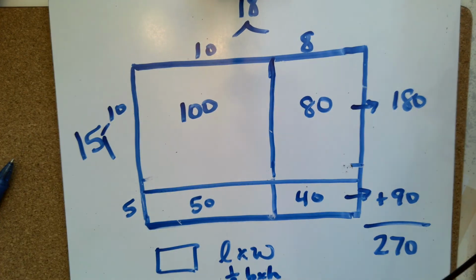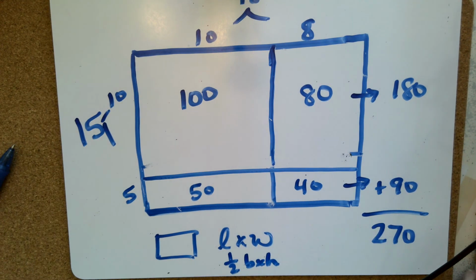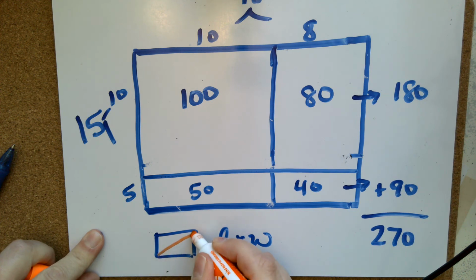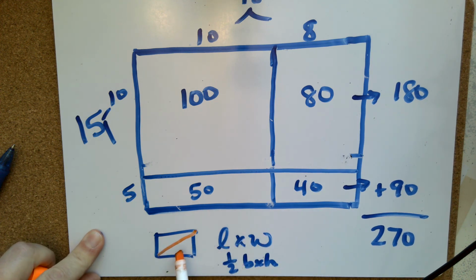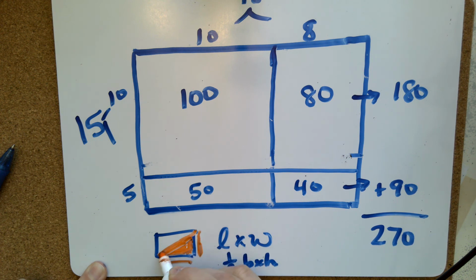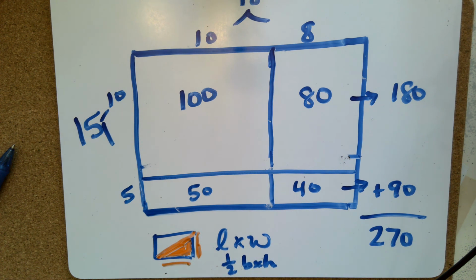If I take this rectangle right here and I cut it in half, there's my formula, 1/2 the base here and the height here, which is the same thing as length times width. So their understanding of formulas as they get older is going to matter because they connect visually with what they are understanding going on in here.